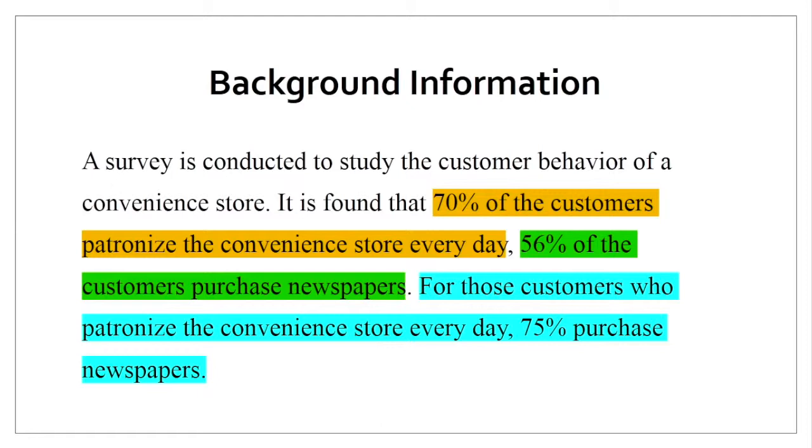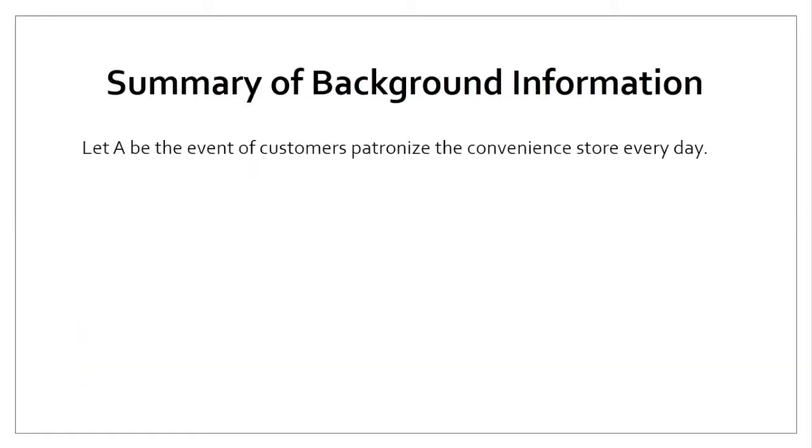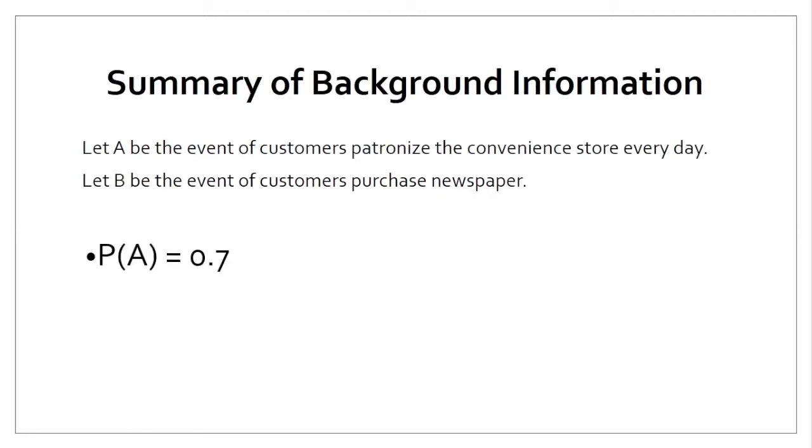We can see that there are 3 figures from the background information. Let's do a summary of the figures. First, let A be the event of customers patronize the convenience store every day. Let B be the event of customers purchase newspaper. According to the background information, probability A equals 0.7.